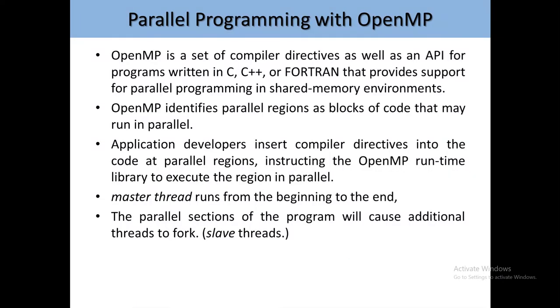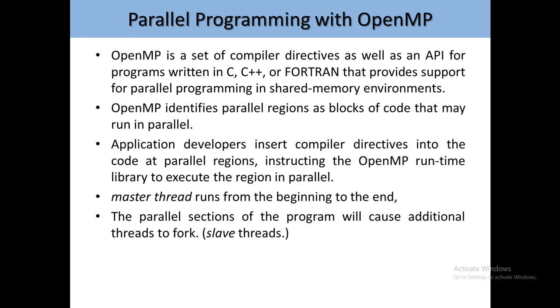So let us begin with some of the concepts related to parallel programming with OpenMP. Now, OpenMP is a set of compiler directives as well as an API for programs written in C, C++ and many other languages, which provides support for parallel programming in a shared memory environment.